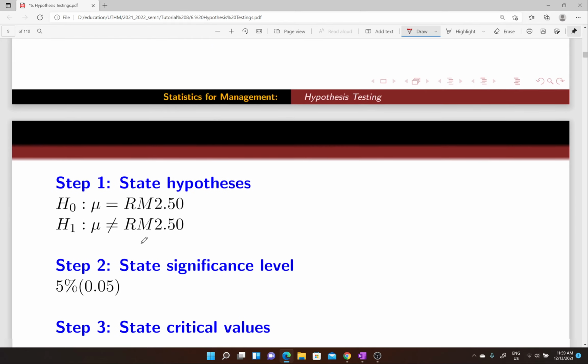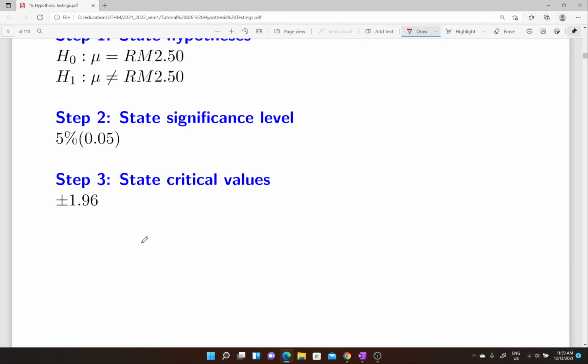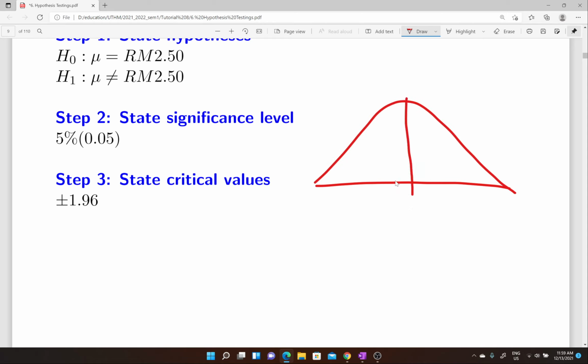Step 3, state the critical value. So how do I get this critical value? Since this is not equal, it is a two-tailed test.